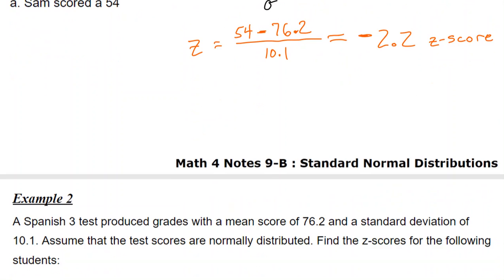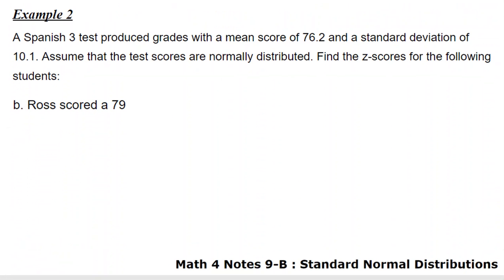On the other hand, we have Ross, who scored a 79, and we will use the same kind of numbers here. The mean is 76.9. This time we can tell we're going to get a positive number out of this.